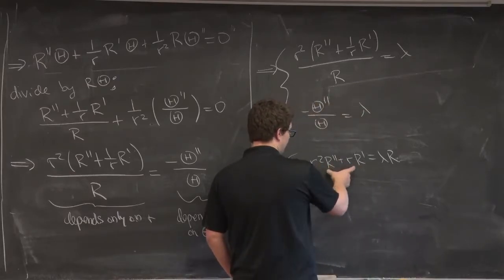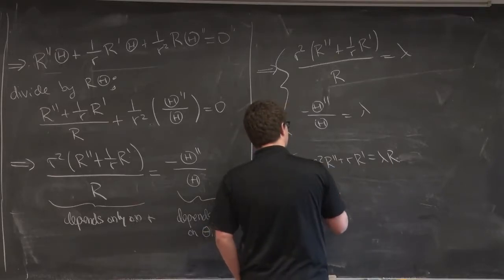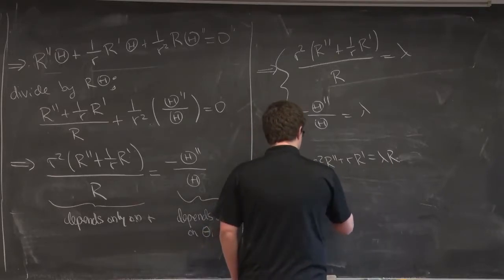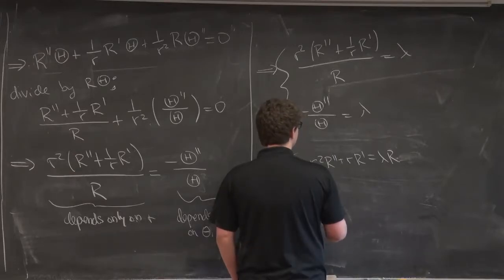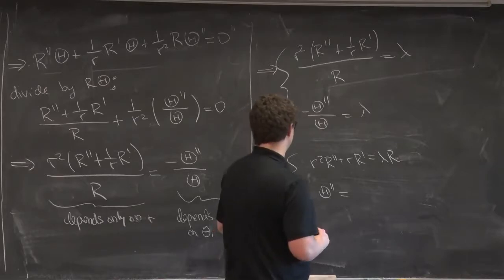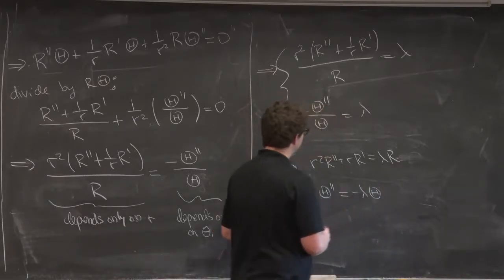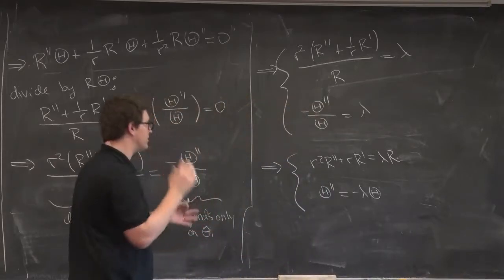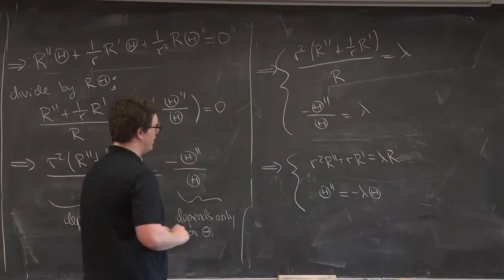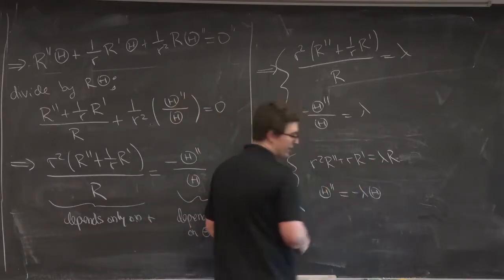We have some operator here, and it operates and spits out this function lambda times R. And then we also have that Theta'' is equal to negative lambda Theta. Depending on whether we choose plus or minus lambda, we get a plus or minus here.